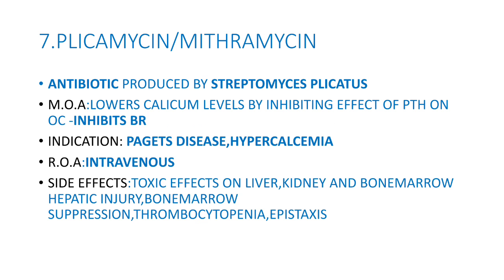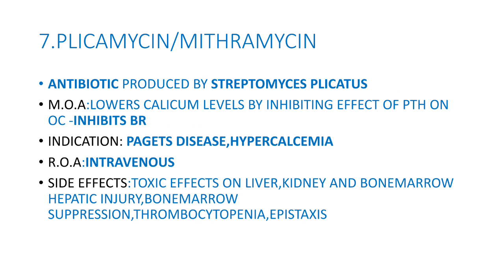Next, plicamycin, which is formerly known as mithramycin. Plicamycin is an antibiotic produced by the bacterium Streptomyces plicatus. It lowers calcium levels by inhibiting the effect of parathormone, thus reducing the bone resorption.